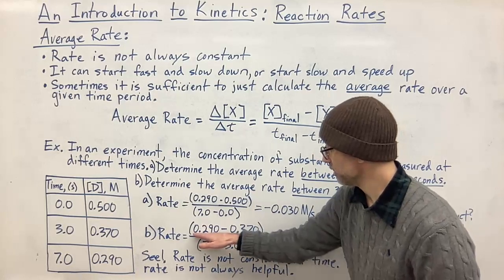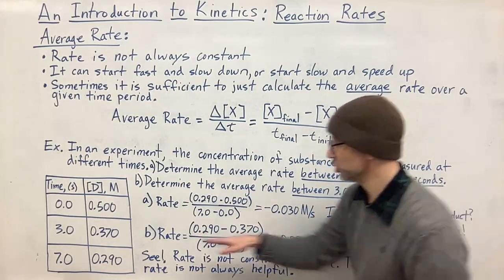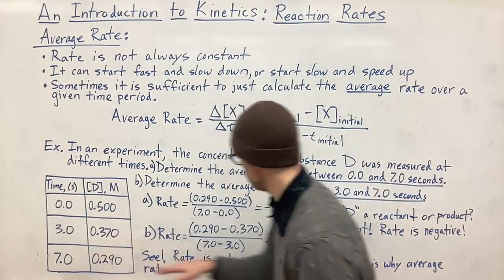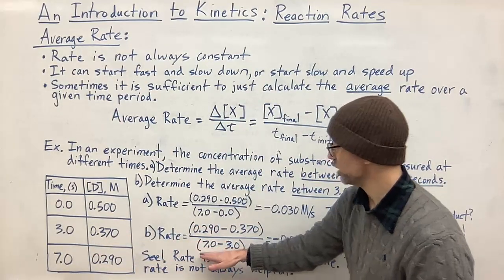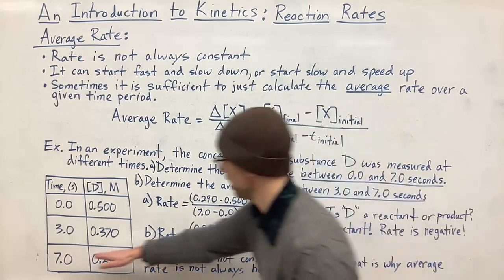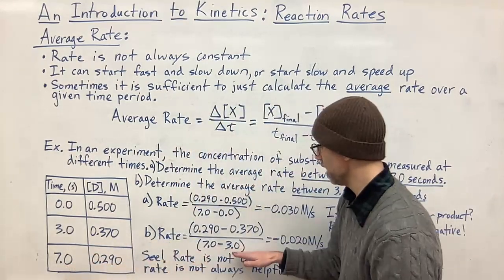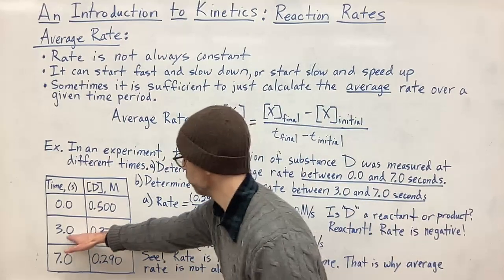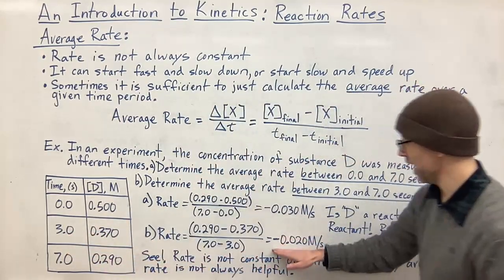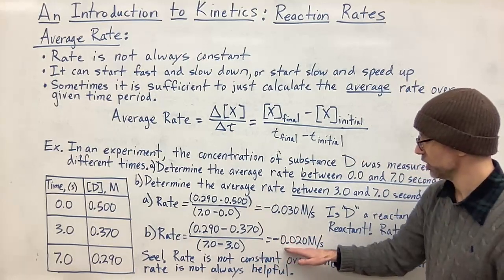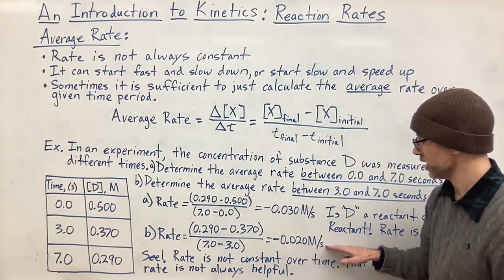Now we're going to subtract the initial, which is 0.370, and then divide it by the change in time. The final time again is 7.0 seconds, and this time we're going to subtract 3.0 seconds as our initial time. Then we calculate that and we get negative 0.020 molar per second.